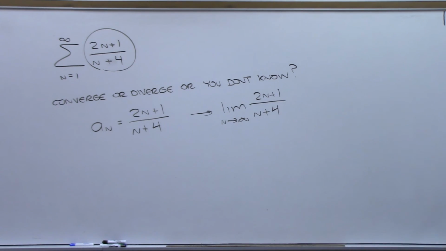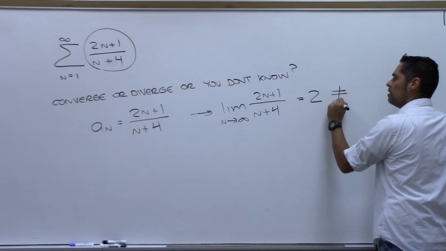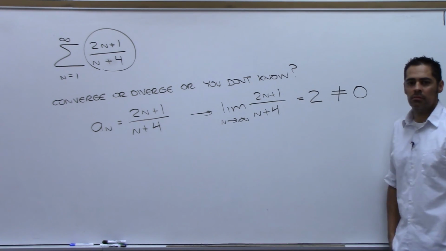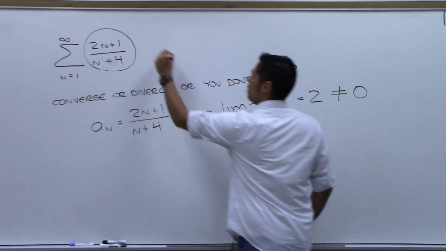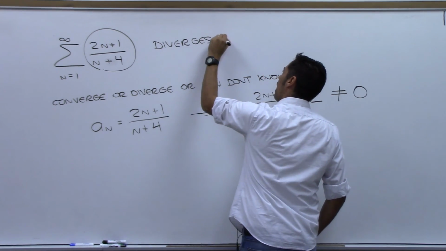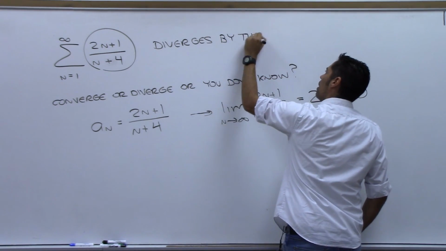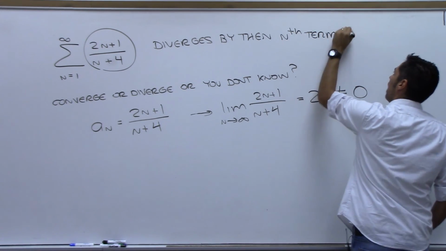Everything would work out. What would your limit be? 2. 2 is not 0. So this series diverges by the nth term test, and you need to write that out too.